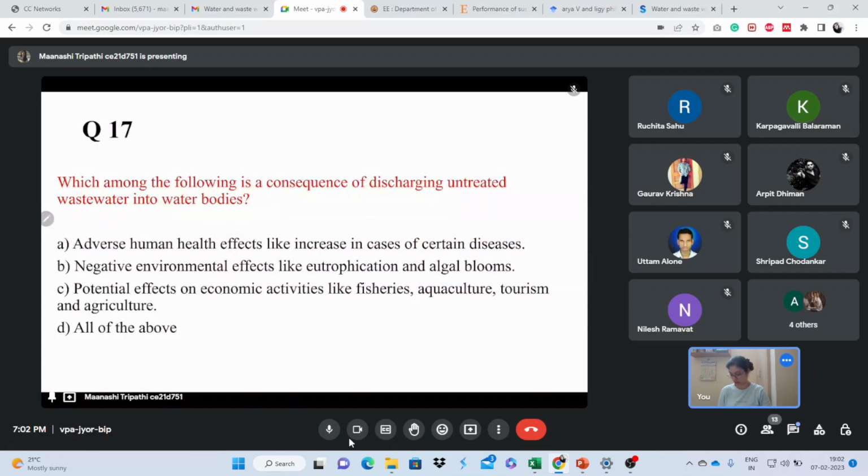Moving towards the next question. Which among the following is the consequence of discharging untreated wastewater into water bodies? You can answer this question.